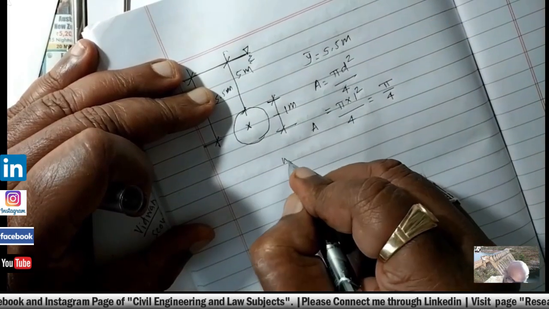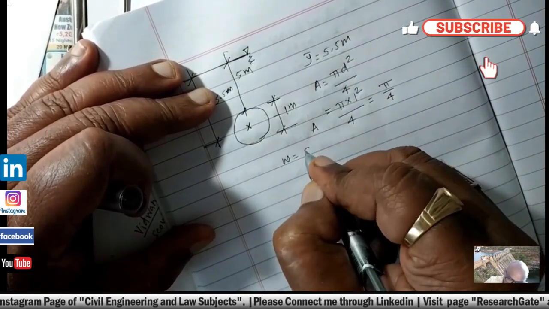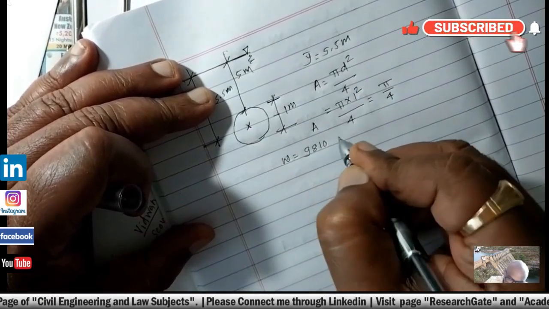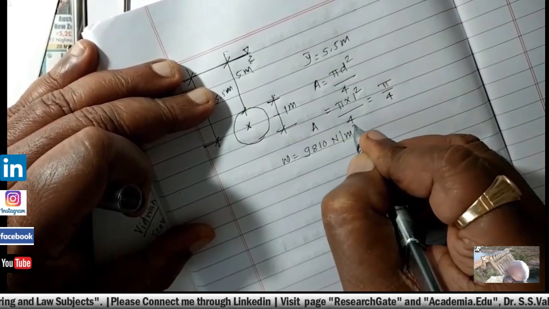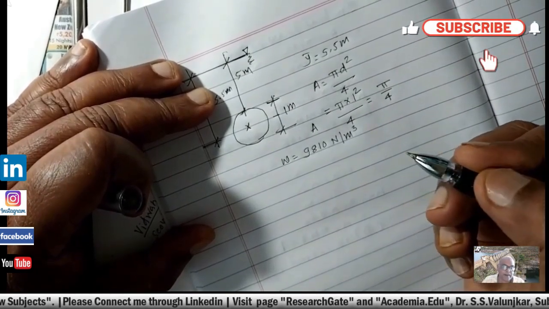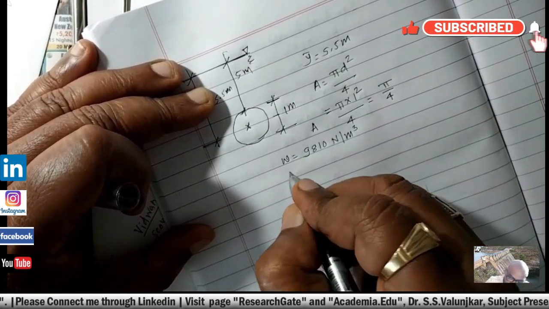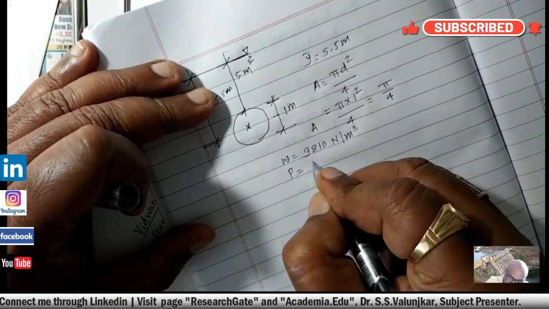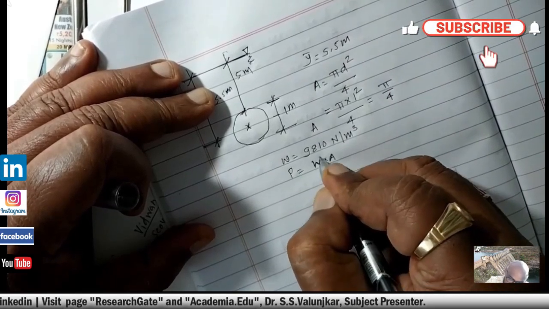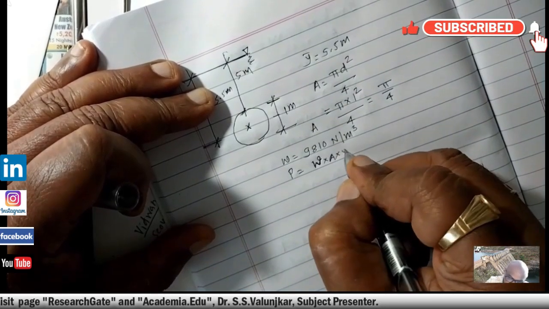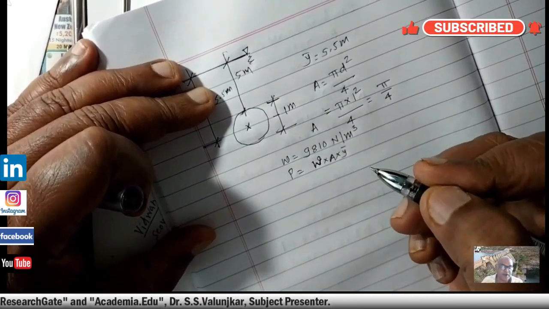Now W is equal to 9810 Newton per meter cube. So P is equal to W into A into Y bar.